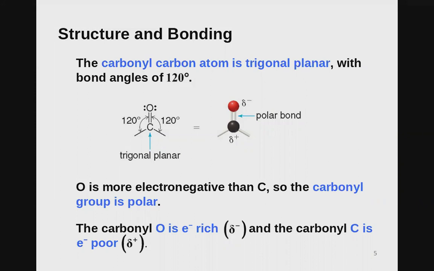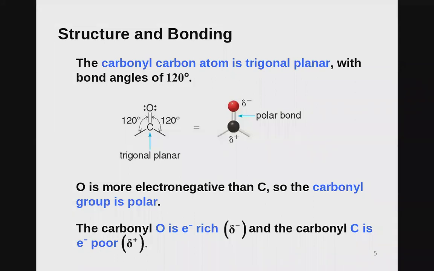And remember, when we say polar bond, all it is is that of these electrons that are shared, there are 4 electrons shared in this double bond, and being polar just means the electrons spend slightly more time over here than they do here. That's all. There's nothing funky going on. It's just how often they share. If they had equal sharing, it would be a nonpolar bond, but they have unequal sharing, thus it's a polar bond.